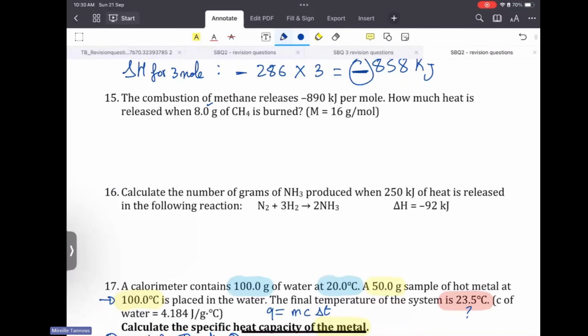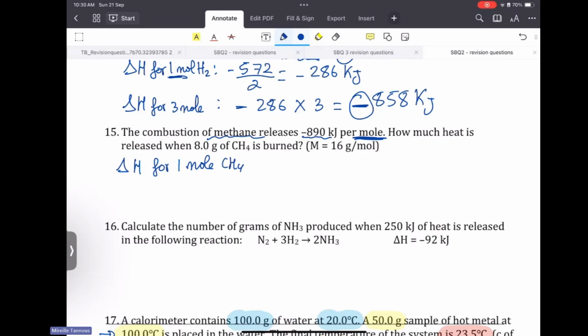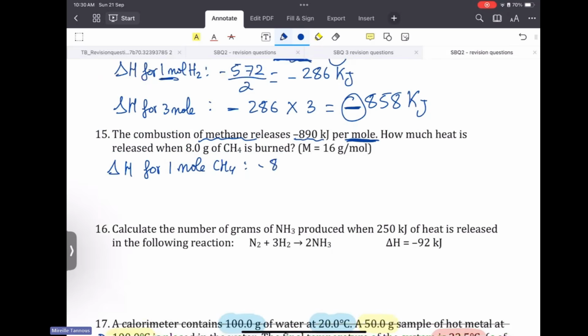Again, the combustion of methane releases 890 kilojoule per mole. So it's telling me that the delta H for 1 mole of methane is negative 890 kilojoule. I don't need the equation because it's written in words. How much heat is released when 8 grams of methane is burned?